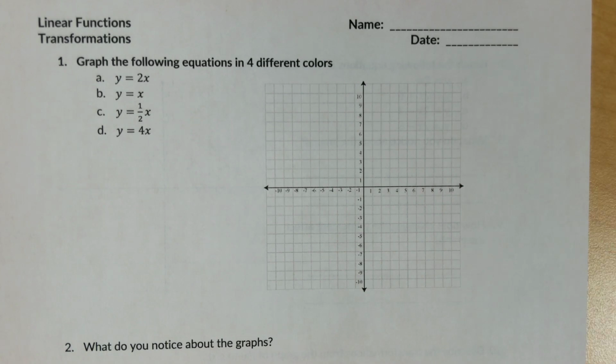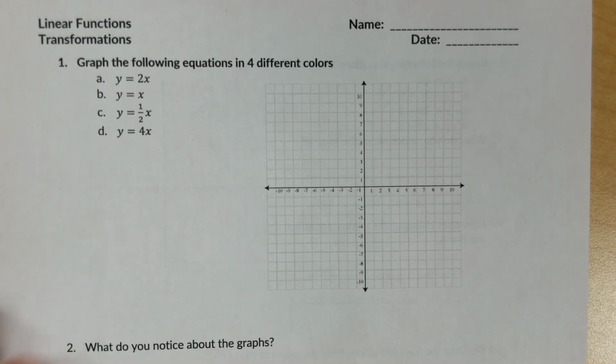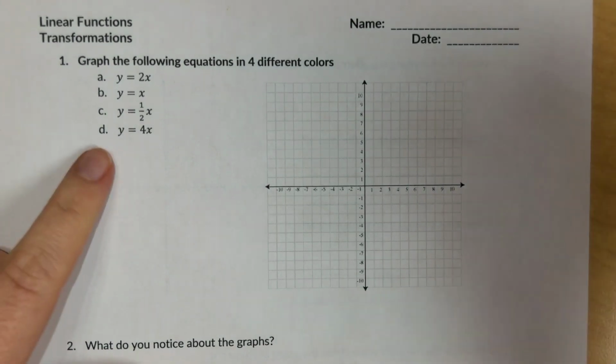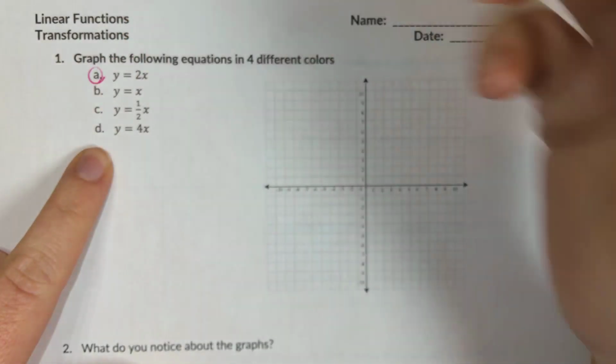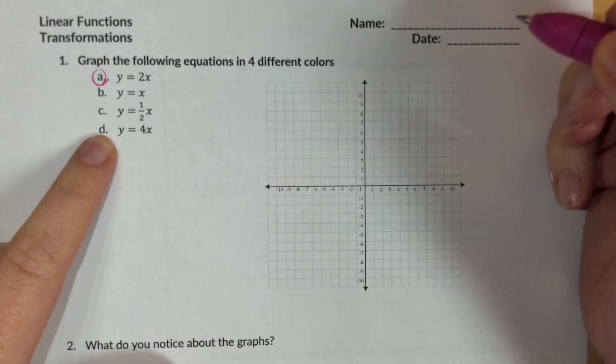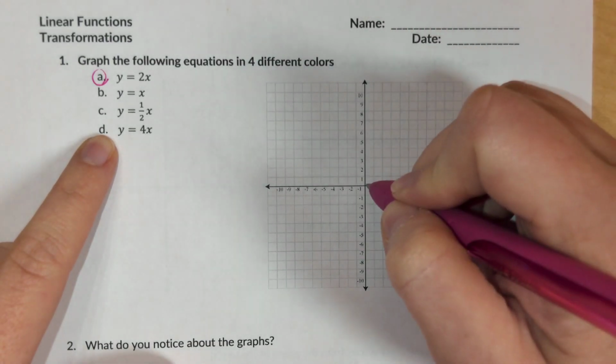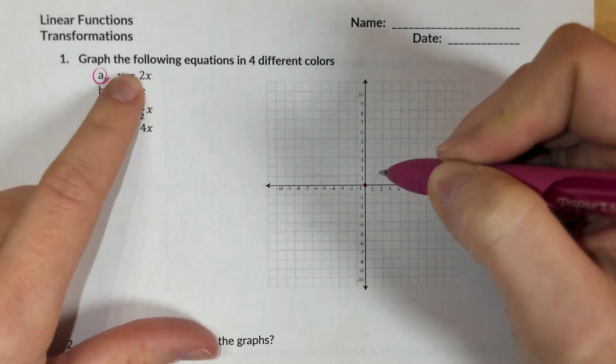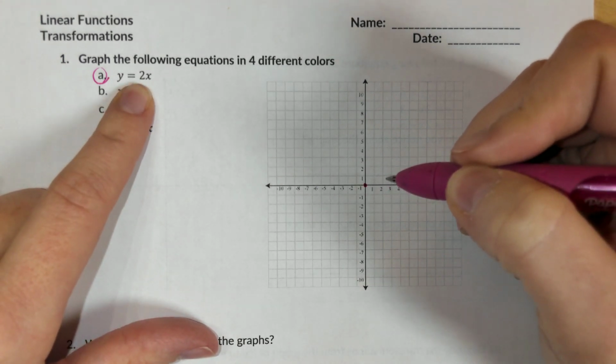Okay. Alright, so we're going to go ahead and get started. Question number 1 is asking us to graph the following equations in 4 different colors. So I'm going to start with pink for A. I am going to start with a y-intercept of 0 based on the slope-intercept form and a slope of 2.